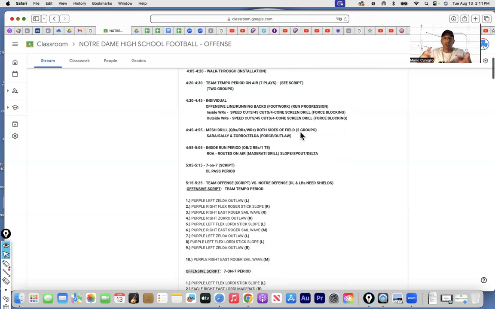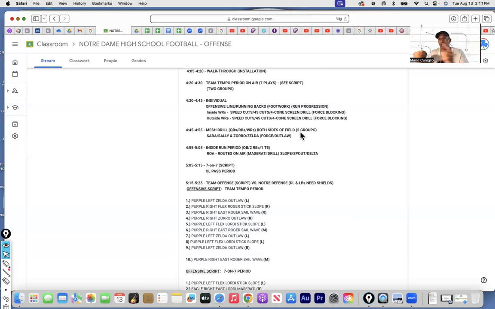With the mesh drill, the quarterbacks, running backs, and wide receivers will work both sides of the field in 2 groups. And the reinforcement, again, for the drill is going to be for Zorro and Zelda. All right, with the force and outlaw part of it with the RPO stuff, that will be going away from the run.